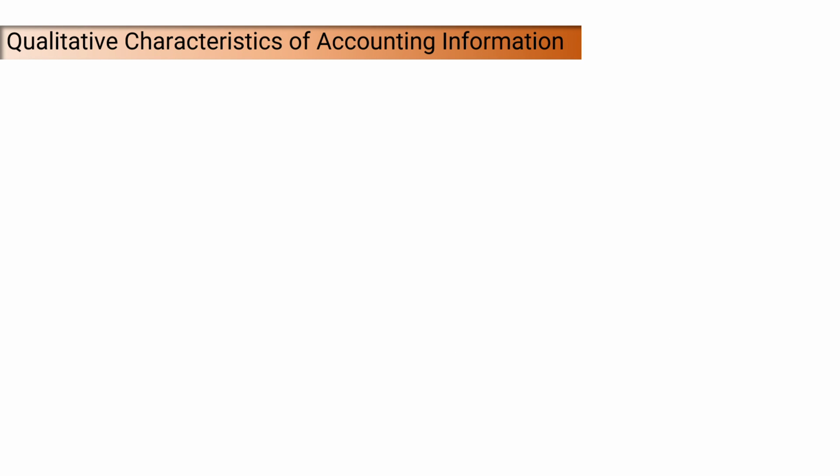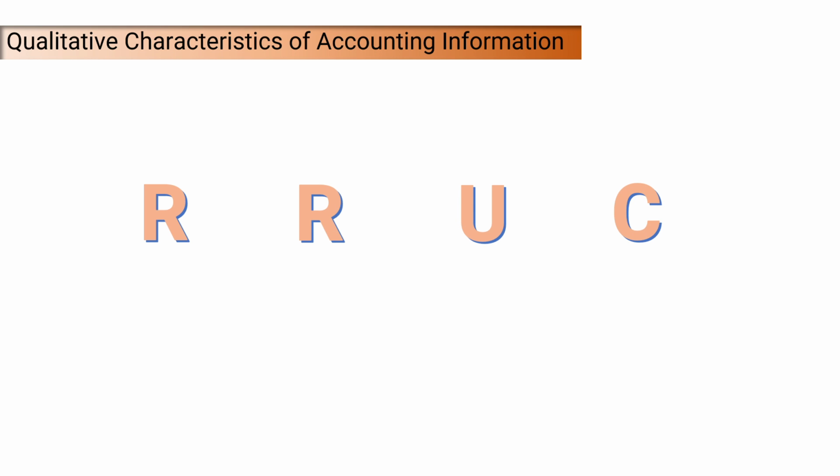Now we'll move to the next topic: what are the qualitative characteristics of accounting information? What do you mean by qualitative characteristic? In simple terms, it means what qualities the accounting information should possess. The easiest way of grasping this is "Rajasthan Royal under construction."